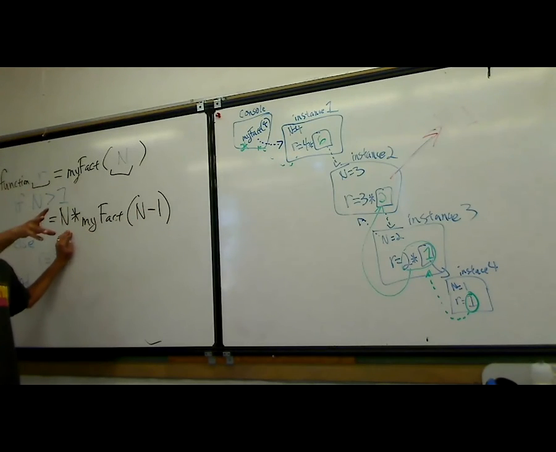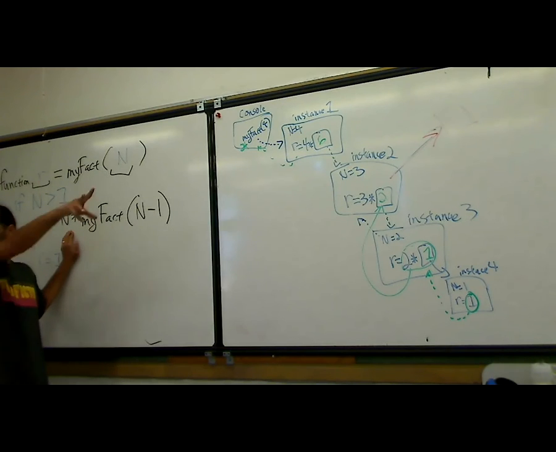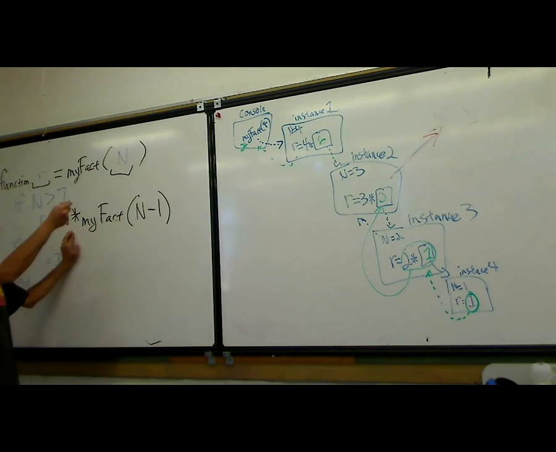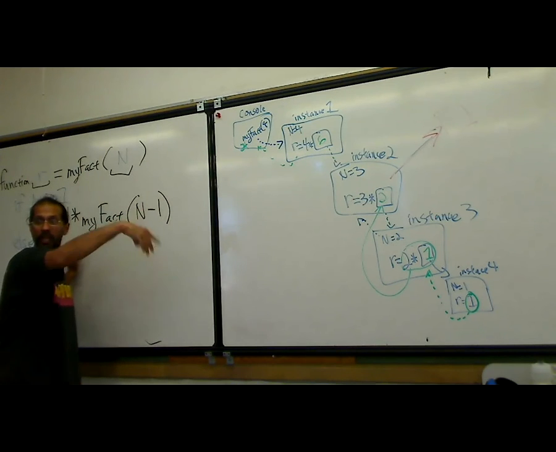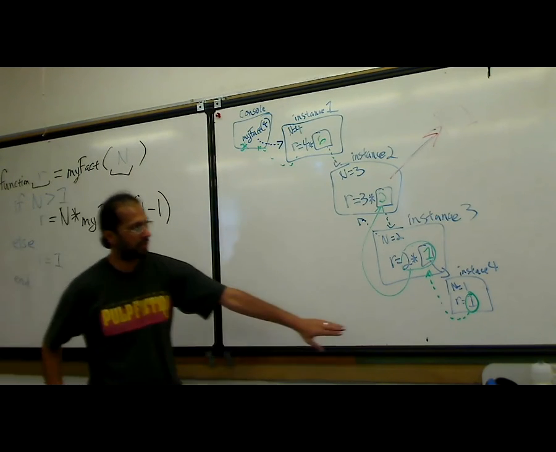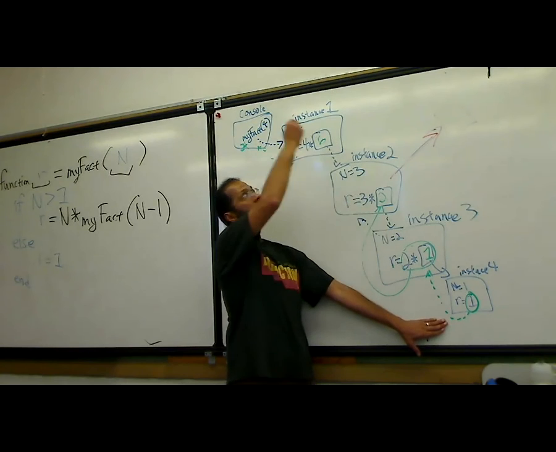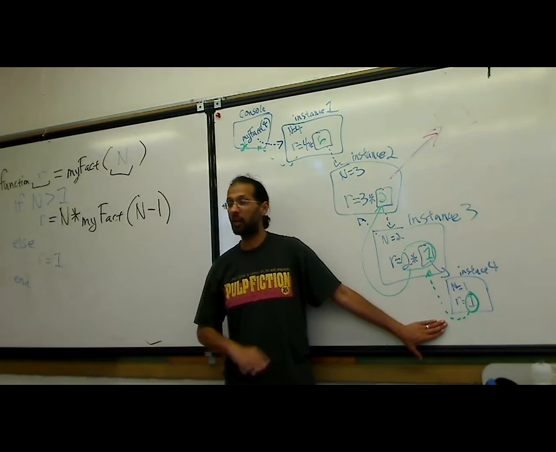If it's lost in its while loop, for example, for 2 days, this function is just going to sit here and wait for this myFact to finish taking its 2 days. And after 2 days, hopefully a result comes out of it, and it gets plugged into here, and then this function continues executing. So the way to think about this function call is it's a pause in the execution of the calling script. During that pause, whatever you've called is executed. So when we're down here at instance 4, instance 3, 2, and 1 exist. They're all in memory somewhere, and they're all just waiting.